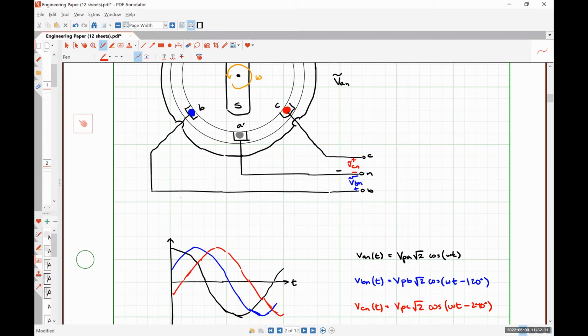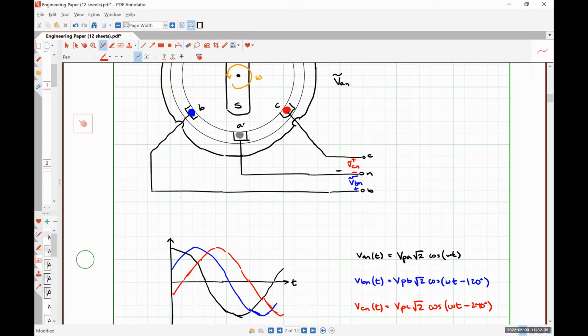Okay? All positive phase sequence and negative phase sequence means is the rotor is spinning counterclockwise or the rotor is spinning clockwise. It has no other effect on any of the analysis that we are going to do whatsoever.